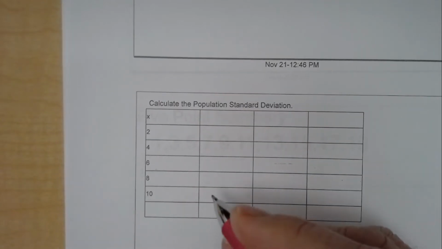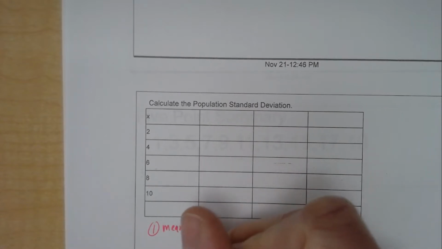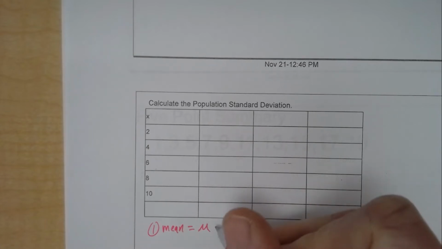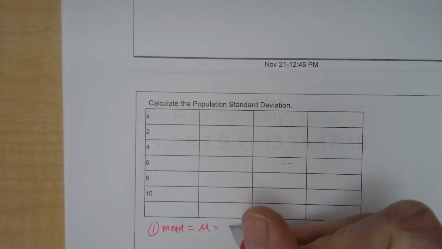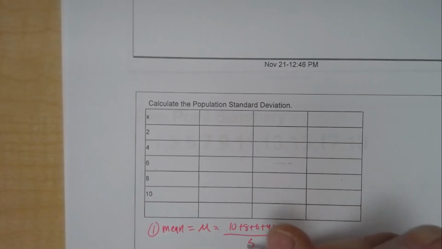So what we have to do is calculate the average first. Step 1, what is the mean? And this is a population, so that's mu instead of x bar. So mu is equal to, add the numbers together, 10 plus 8 plus 6 plus 4 plus 2, divided by 5 numbers.